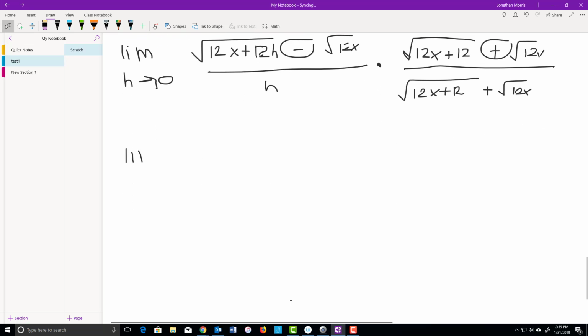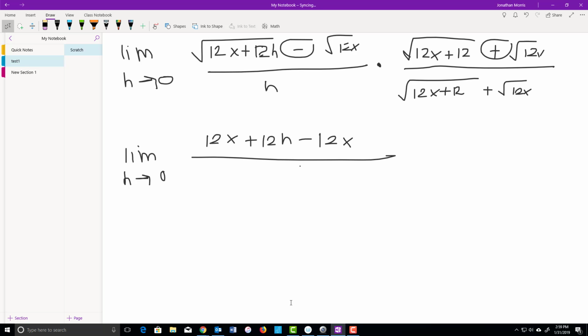The numerator, if you were to FOIL that out, would become 12x plus 12h minus 12x. It gets rid of the square roots because it's really a difference of squares formula.